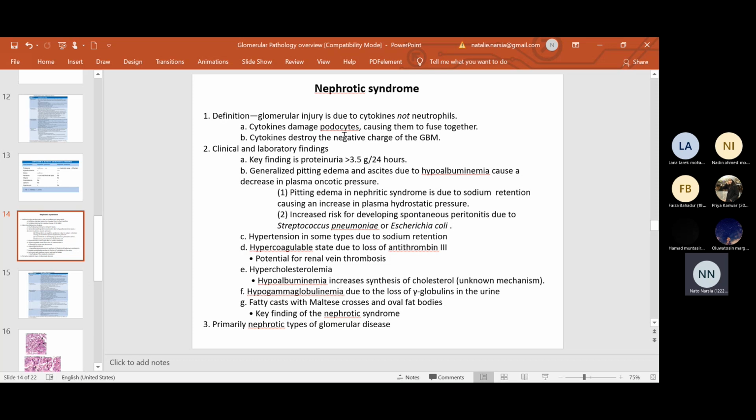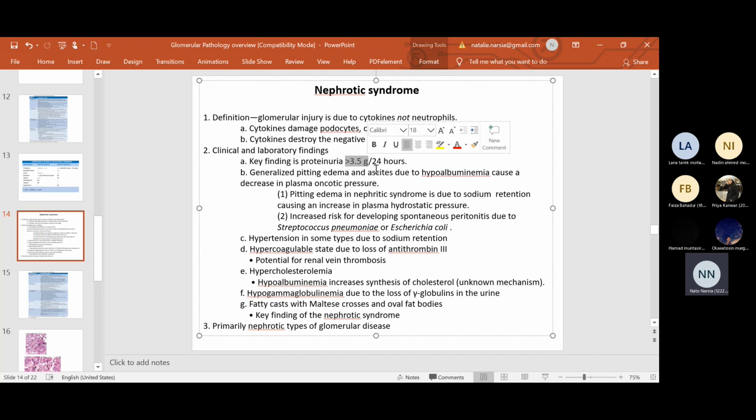And as you don't have the podocyte function, you lose a lot of proteins, okay? So cytokines damage podocytes, causing them to fuse together, and cytokines destroy the negative charge of the GBM. That's why it affects filtration. For clinical laboratory findings, always please memorize 3.5, that is a must.